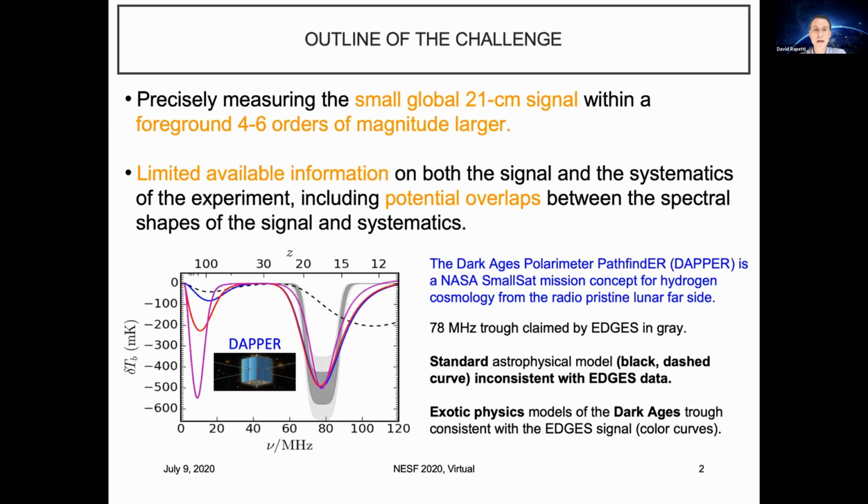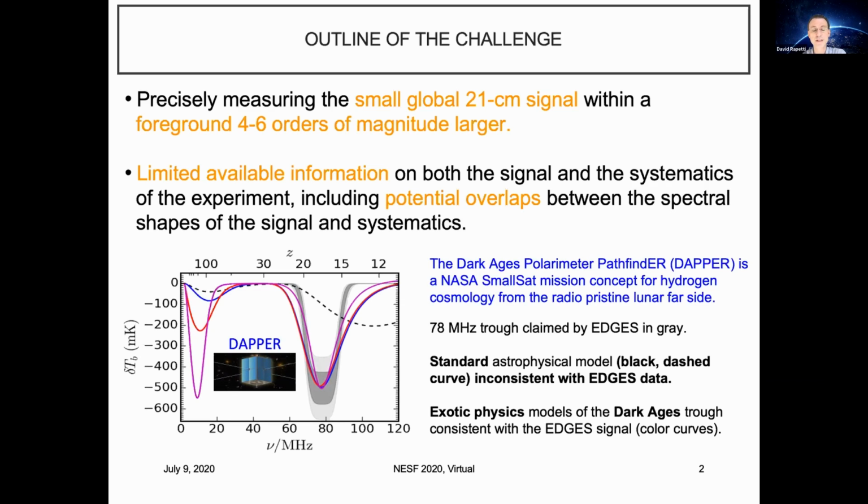And recently these have been expanded due to a claim of a trough at 78 megahertz by the EDGES team that could be the cosmic dawn measurement that we're going after, for that period that we see here in gray.